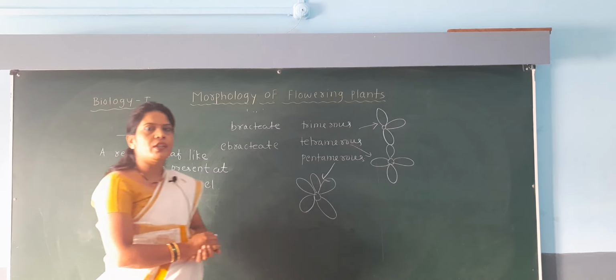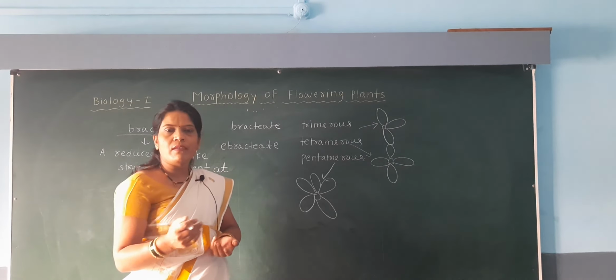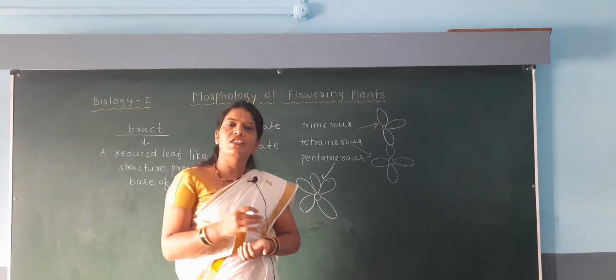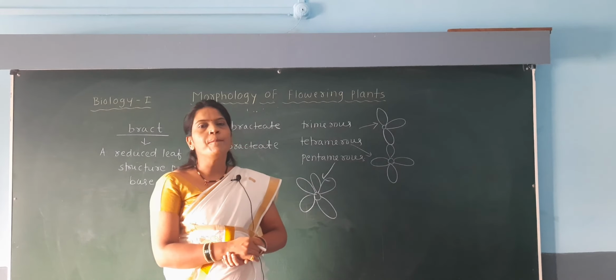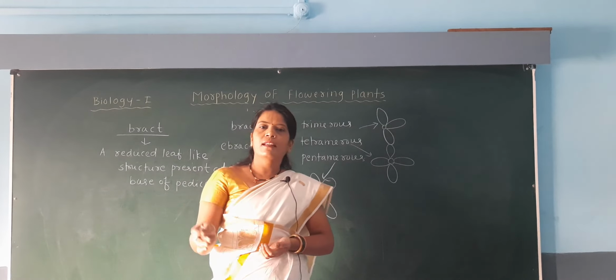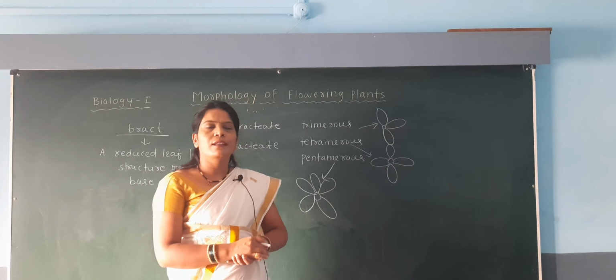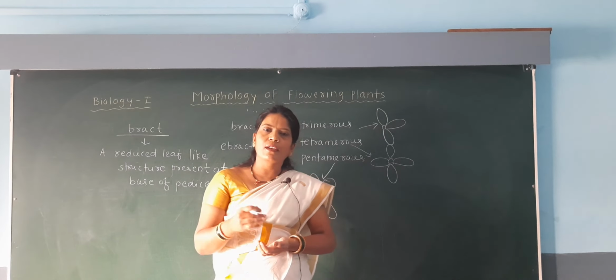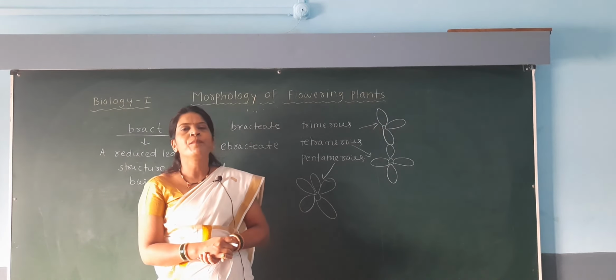So in today's lecture we have seen flower structure: androecium, gynoecium, essential parts, calyx, corolla, and non-essential parts. Calyx is also called sepal, corolla is also called petal, and perianth, which means in lily, calyx and corolla get fused, which we call a perianth.